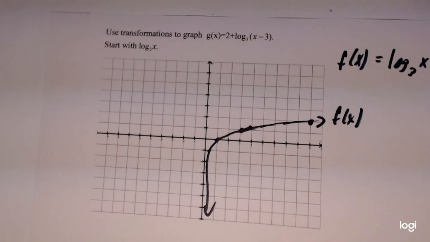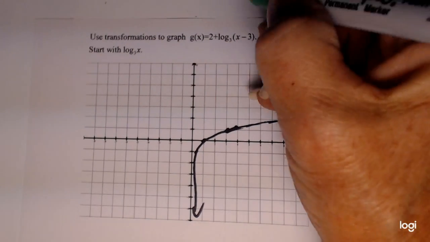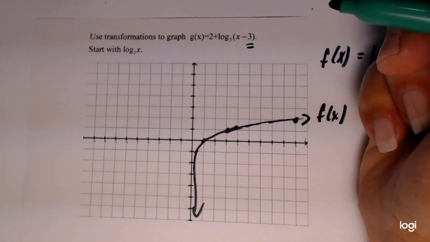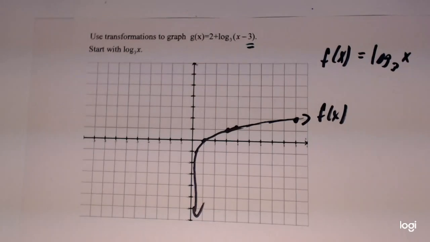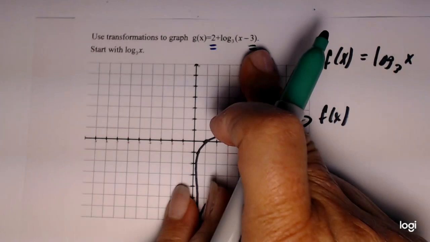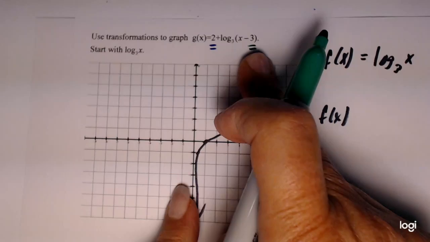Now let's take a look at some of the changes that we are seeing here. I'm seeing this -3 inside parentheses, so that's going to be a horizontal change. And then I am seeing this +2 on the outside, so that is going to be a vertical change. I'm going to do the horizontal change first. So minus 3. We're going to move each point to the right by 3.